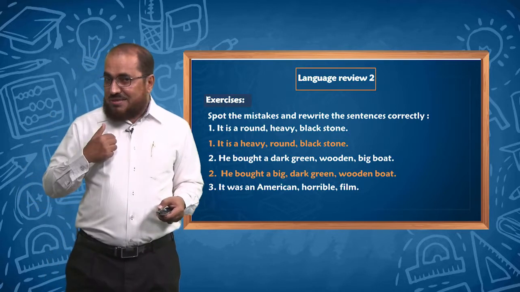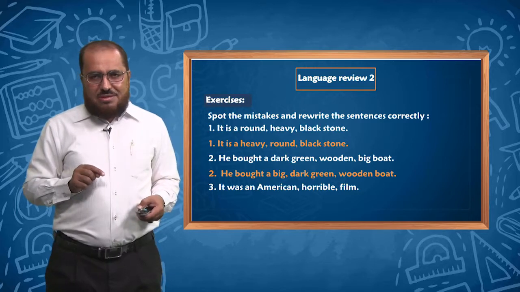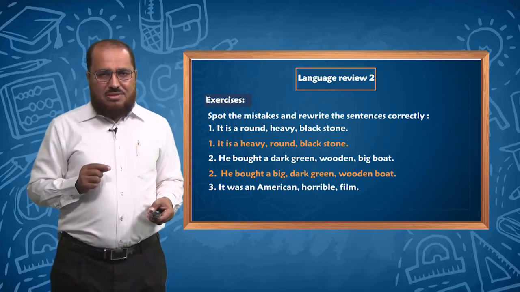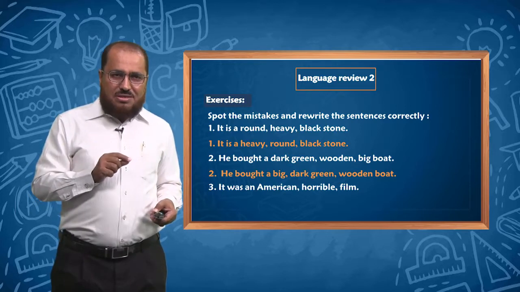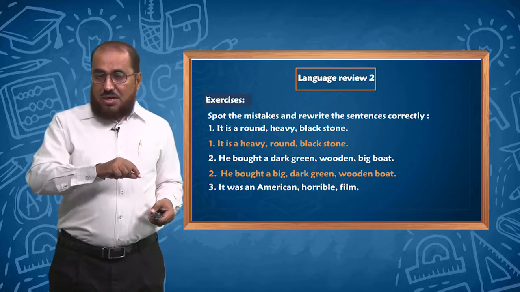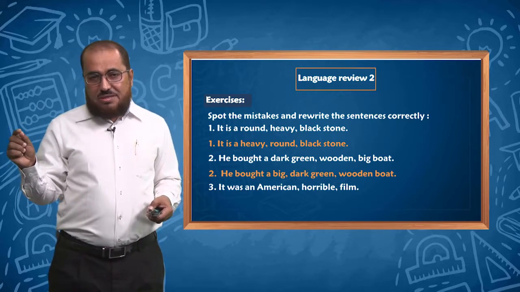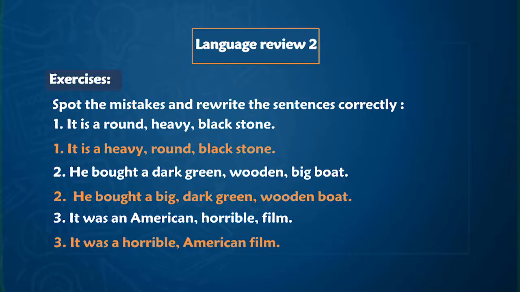Maybe horrible for me, but it is enjoyable or interesting for you. Now the noun it describes, film. What comes first? Horrible, then American, because horrible is opinion, number one, and the nationality is number six. It should be like this: It was a horrible American film.